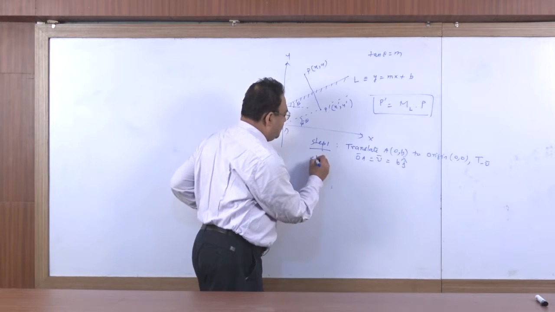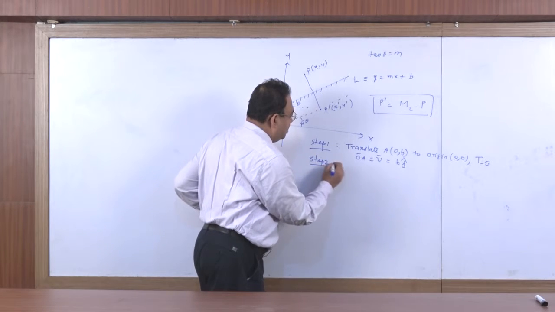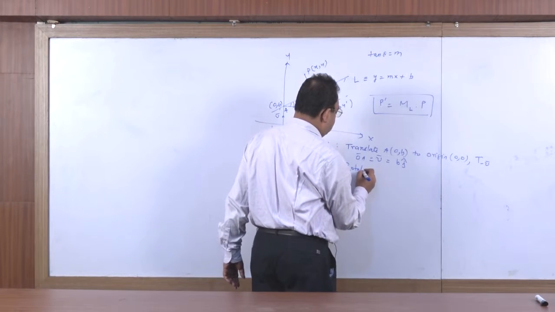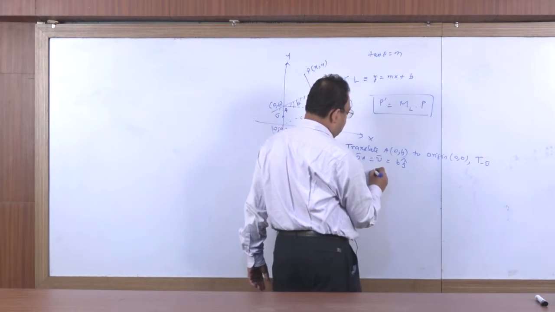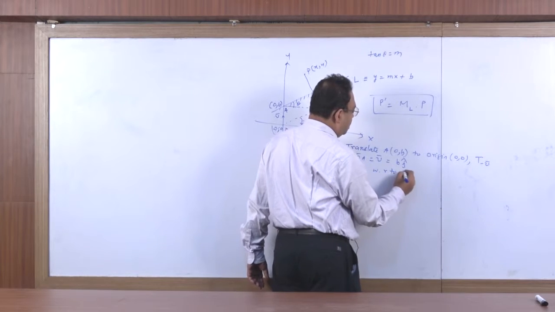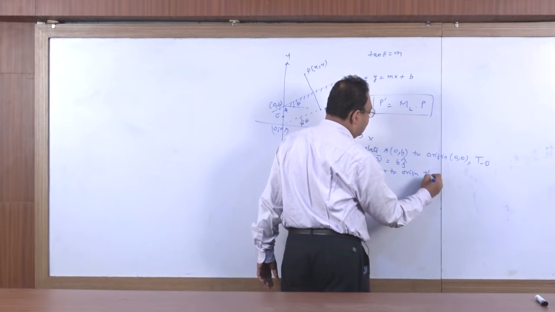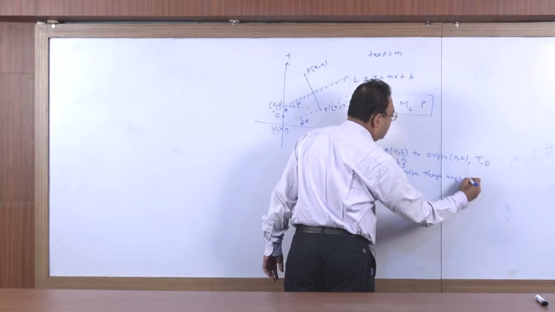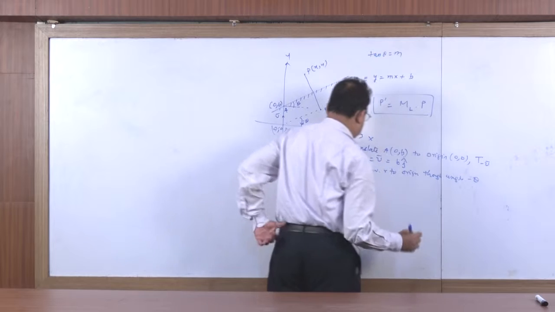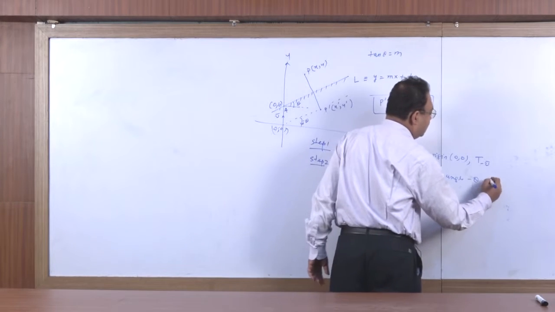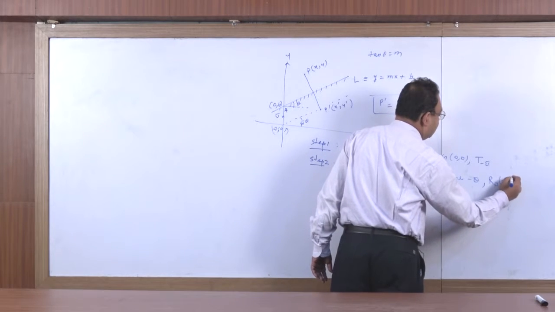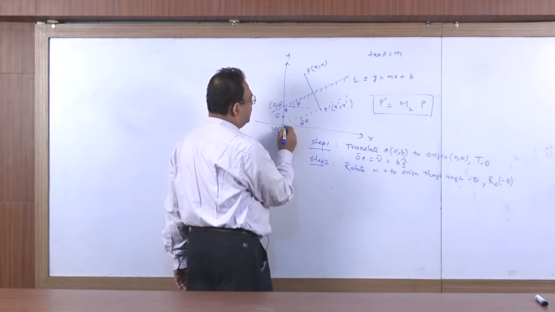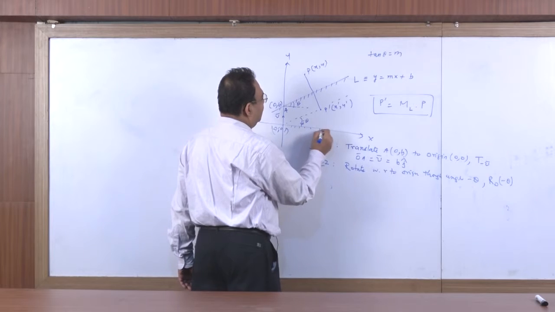So, step 2 is rotate with respect to origin through an angle minus theta. Now we call this operator R 0 minus theta. So after this rotation, this is aligned along x direction.